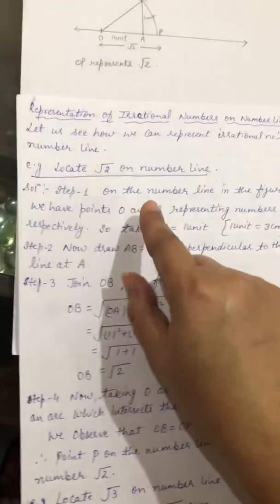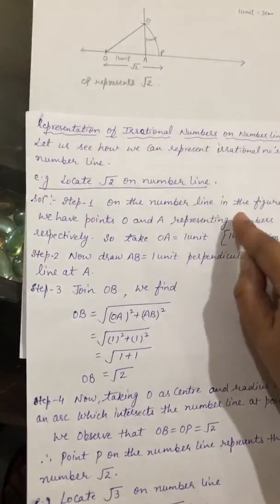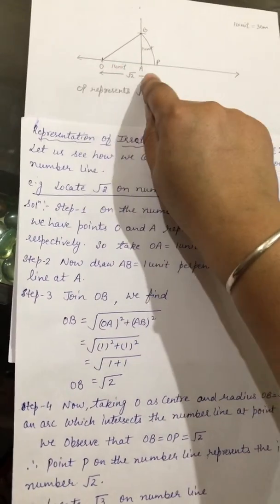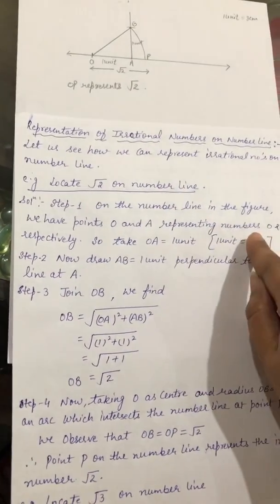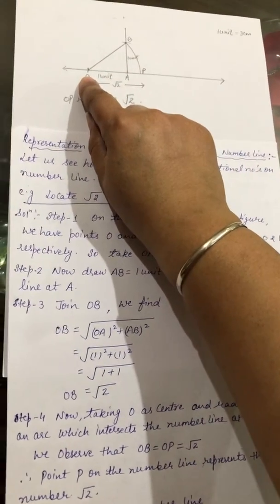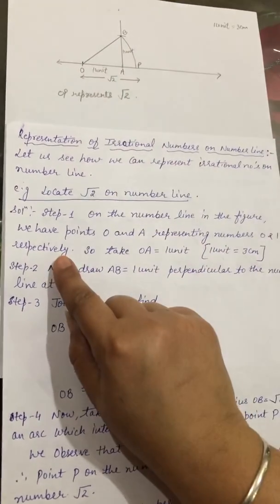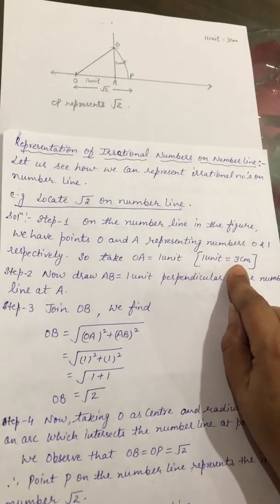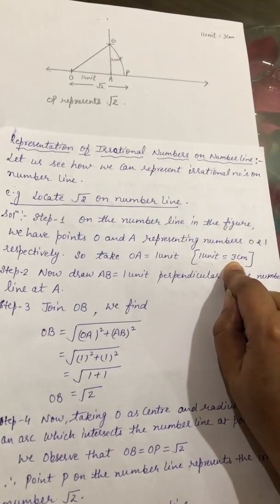Now these are the steps. You can see from here. Step 1 is on the number line. In the figure we have points O and A, representing the numbers 0 and 1 respectively. So take OA equal to 1 unit and the scale is 1 unit equal to 3 centimeters.